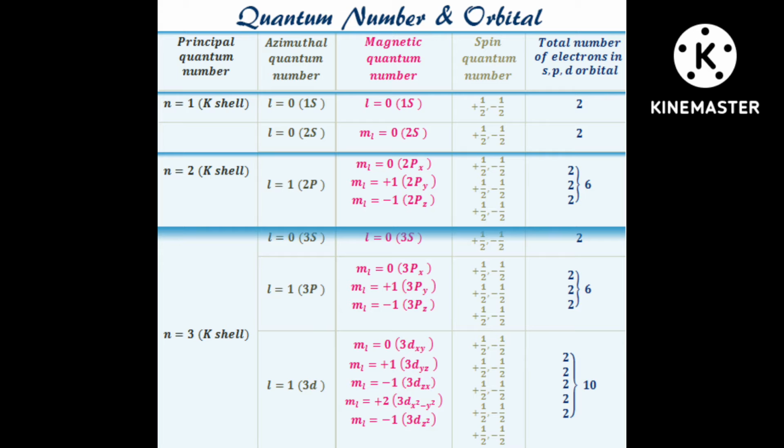You will get confused. If n is equal to 1... the subcell which is under the cell, that is called subcell, or you can say the cell consists of subcells, and the subcell consists of orbitals. Under the cell, subcell will be there, and under the subcell, orbitals will be there.